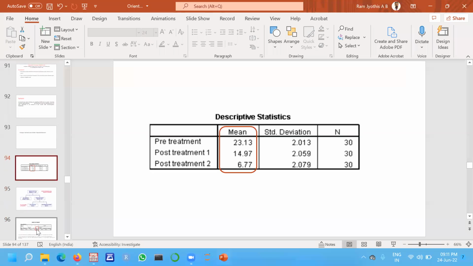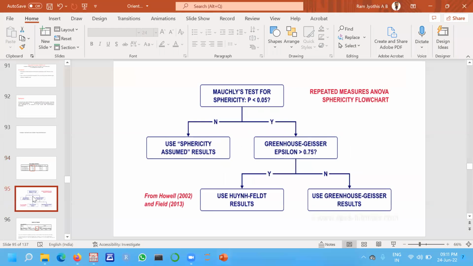This repeated measures ANOVA is a little difficult to understand, so please listen carefully. See, if Mauchly's test of sphericity is less than 0.05, then we go to Greenhouse-Geisser epsilon.